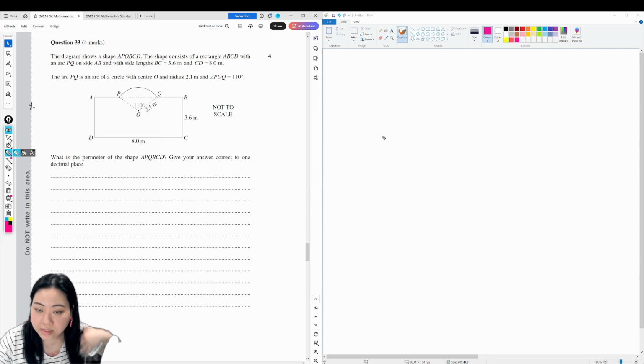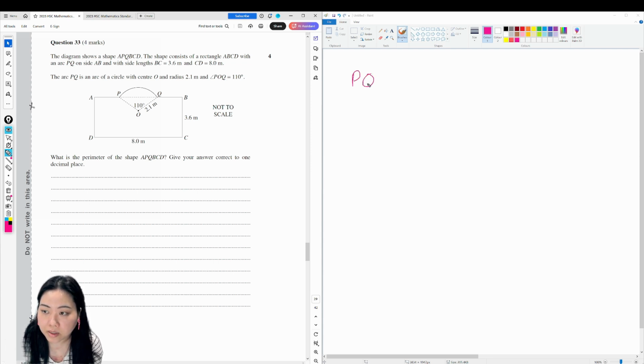What do we need here? We need to know the length of the arc. The length of the arc PQ is going to equal 110 out of 360 of the circumference, which is 2 pi r, 2 times pi times r.